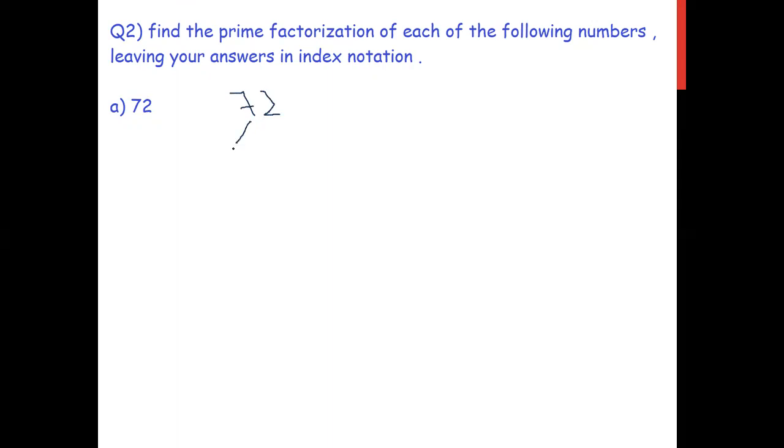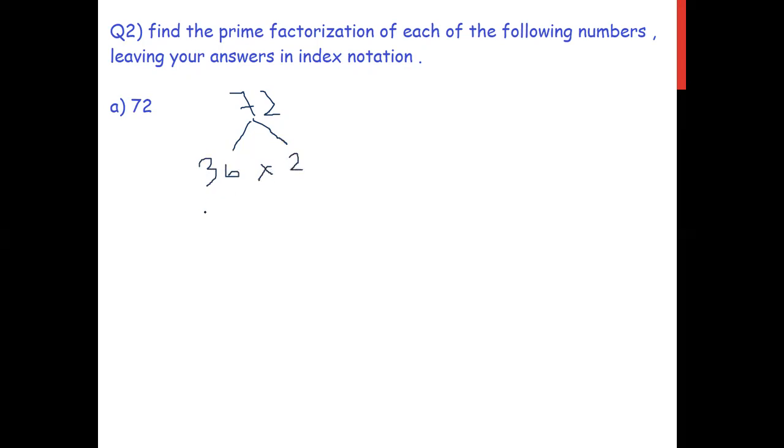Now 72 is divided into two numbers. Find any good factors of it, not like 1 multiplied by 72, but some other factors. It's an even number, so divide by 2. So 36 multiplied by 2.